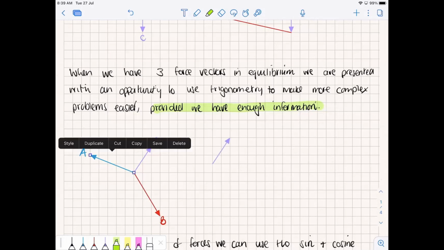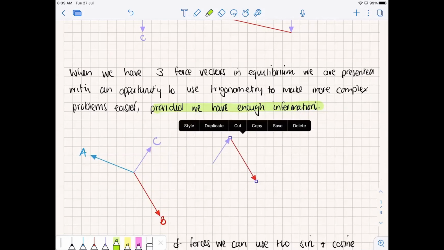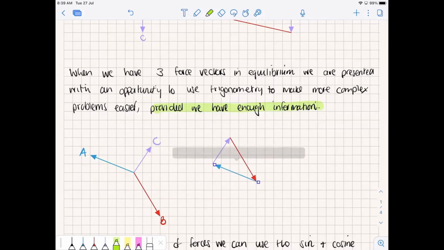There's vector C, there's vector B, here's vector A. And when I line them up, you'll notice that I create a triangle. Now, we have some very powerful tools when we are working with triangles.